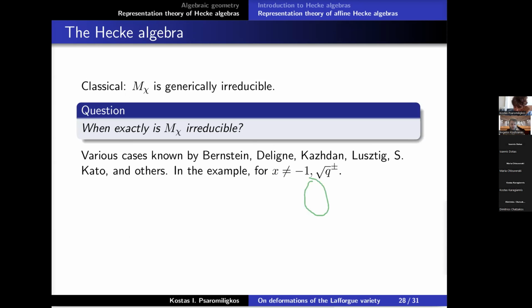So a natural question is, when exactly is the induced module irreducible? And there are various cases, a lot of people have worked on this. I've included some names: Bernstein, Deligne, Kazhdan, Lusztig, Kato. In the example we saw, you need x to not be -1 or square root of q.